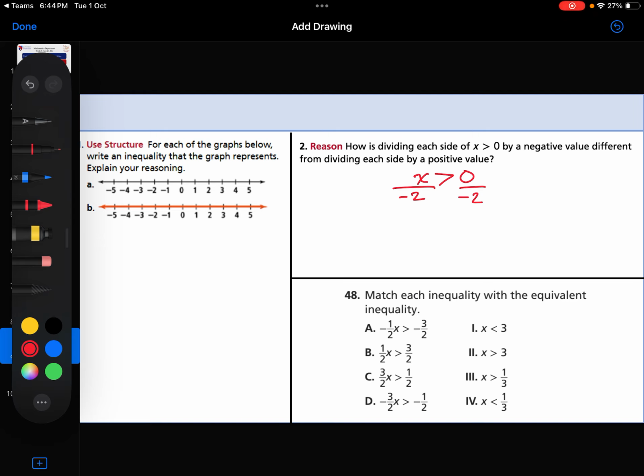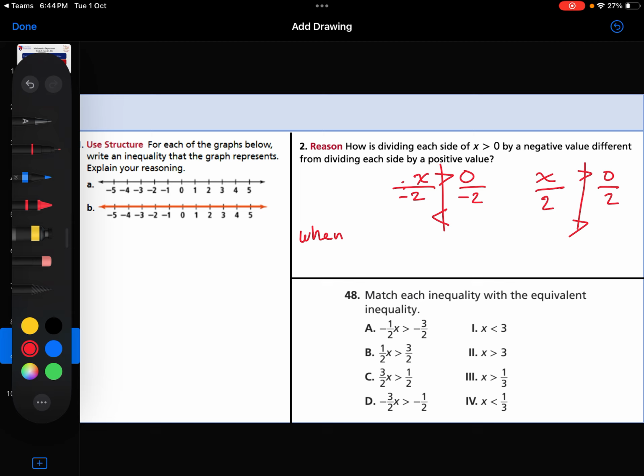We know that when I divide by a negative number, whatever it is, my inequality should flip. And when I divide by a positive number, my inequality will stay the same. So the argument is very easy.